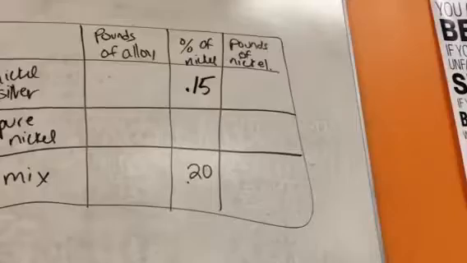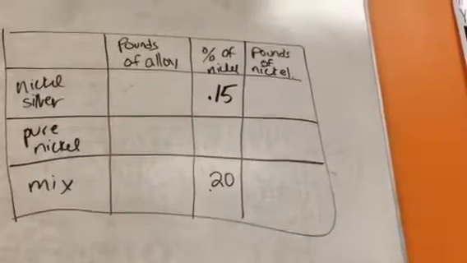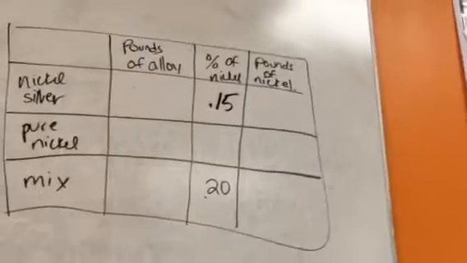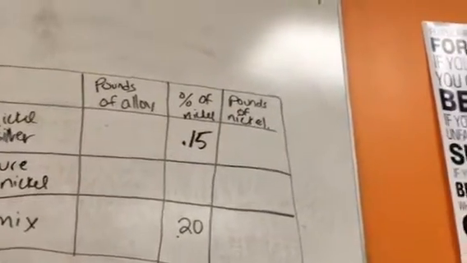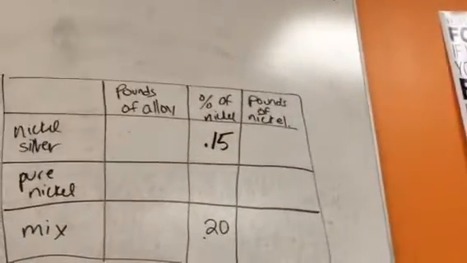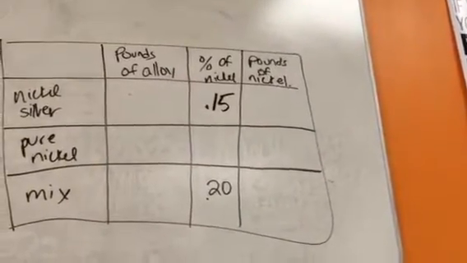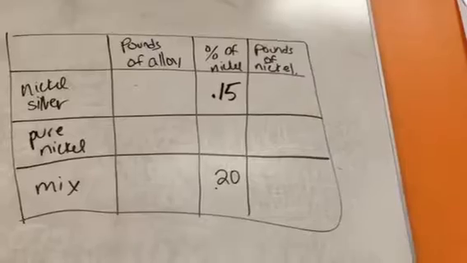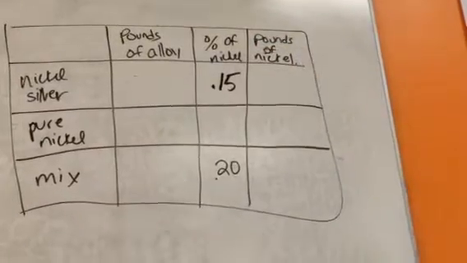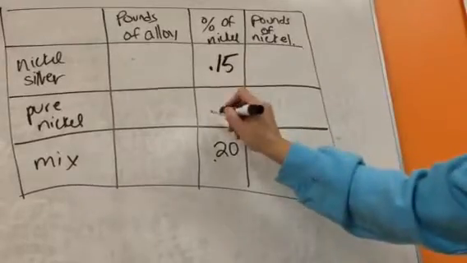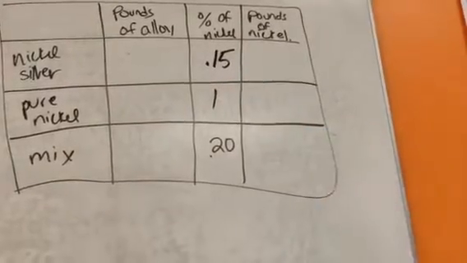How much pure nickel must be melted with 70 pounds of nickel silver? Pure nickel is 100% nickel. So this is the percentage of nickel. So if pure nickel is 100% nickel, that's going to be 1.00 or just 1, right?